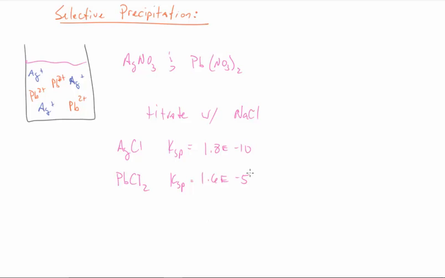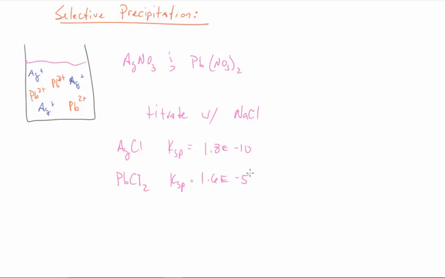So what you would be asked here is, if I wanted to isolate and purify one of these ions, or purify these metals away from each other, which one would selectively precipitate out of this solution first? Because if I can identify it and get it to precipitate out as a solid, then I've separated my 2 metal ions.